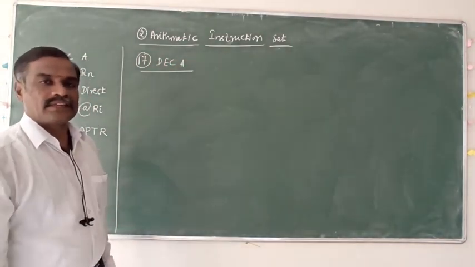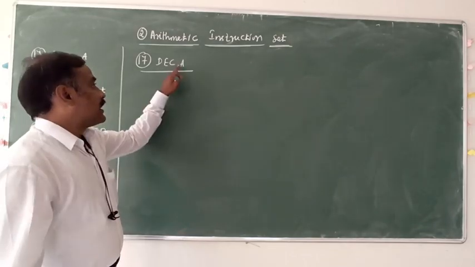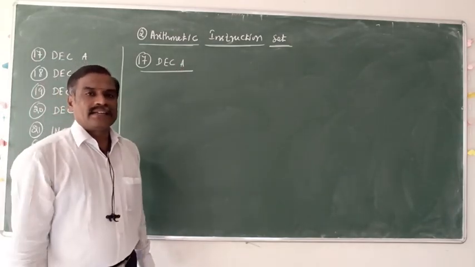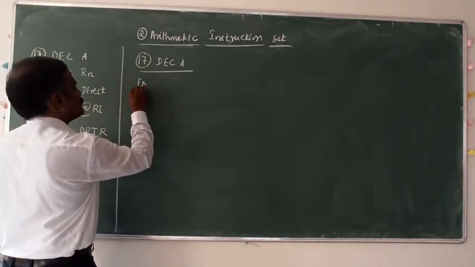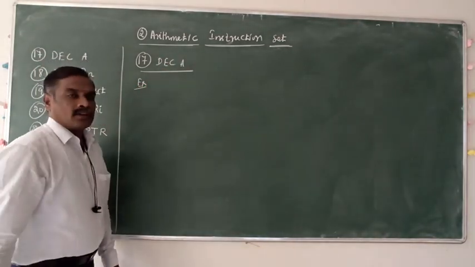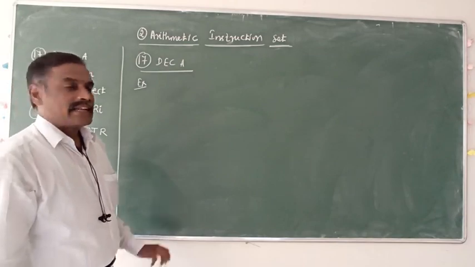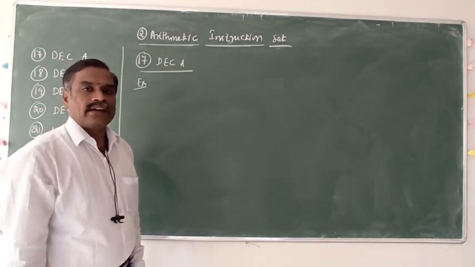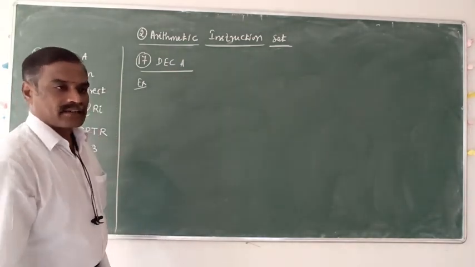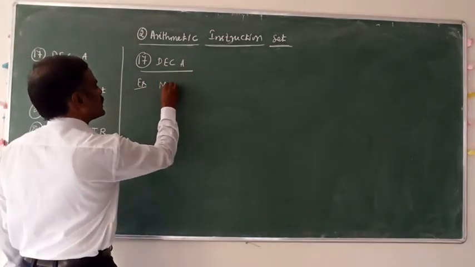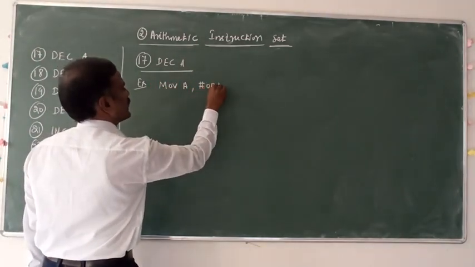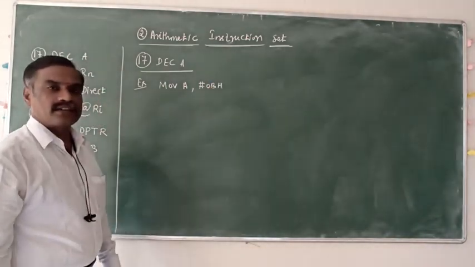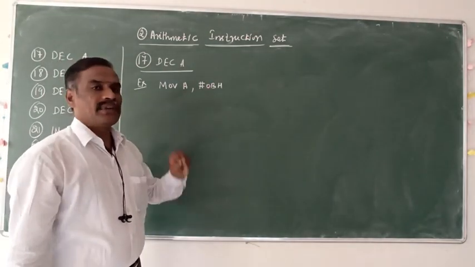DEC A, decrement accumulator content single times. Example, first we have to initialize what is the data in accumulator. MOV A, #0BH. A register 0B.